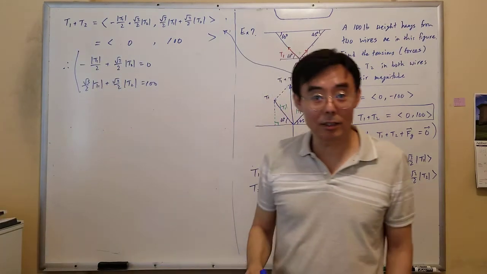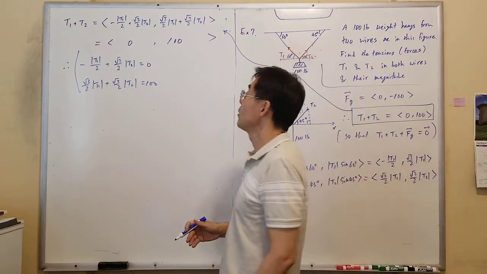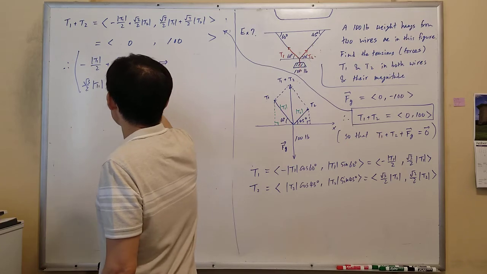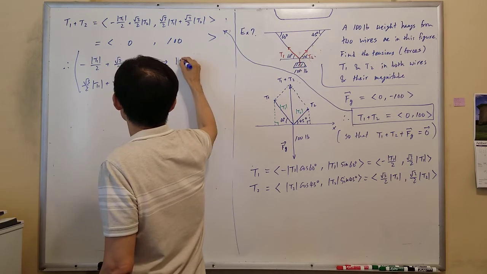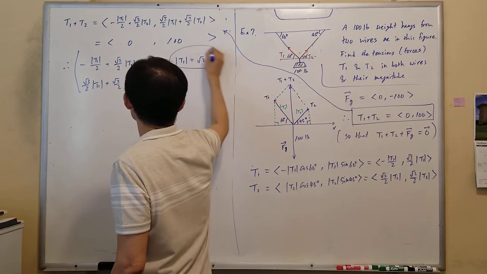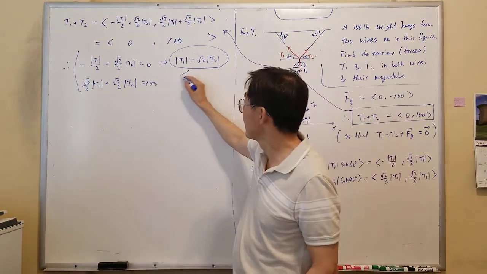Hey, this is a system of linear equations in two variables, magnitude of T1 and magnitude of T2. So from here, the 2 cancels. So T1 magnitude equals square root of 2 times T2 magnitude. Alright? And then combine it here.